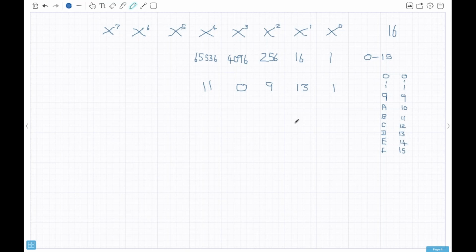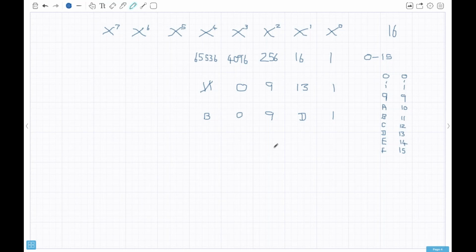So we would now swap this out, and we would actually write in here B, 0, 9, D, 1. So we would now write in hexadecimal B09D1, which allows us to calculate what the value would be in hexadecimal.